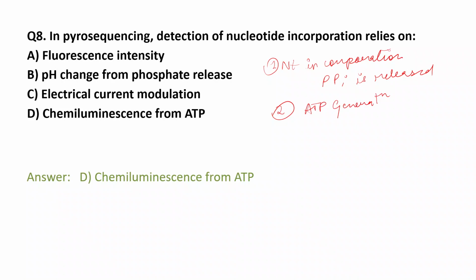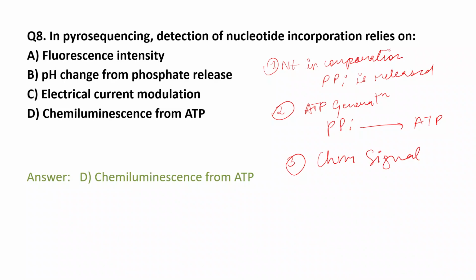The released PPi is converted into ATP by an enzyme called sulfurylase. Then the chemiluminescence signal is generated using another enzyme called luciferase.